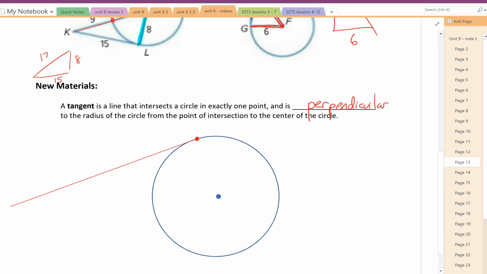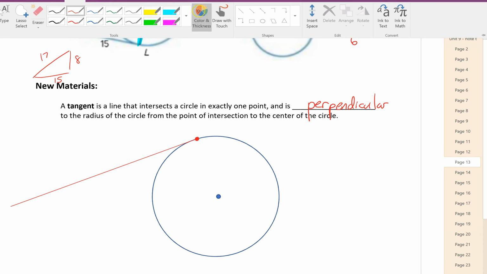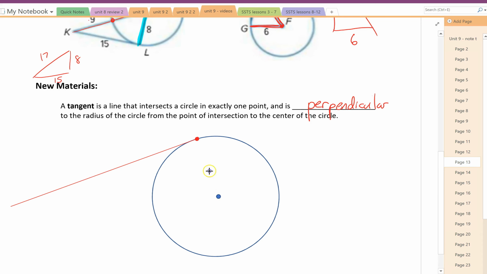If I was being more precise, for that to truly be a tangent, it would have to be perpendicular to a radius drawn from the center of the circle to that point. In other words, this right here would have to be a right angle. If the intersection between this radius and this tangent line is indeed 90 degrees, then that would be a tangent.